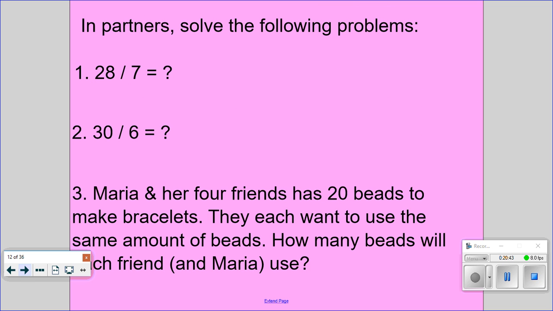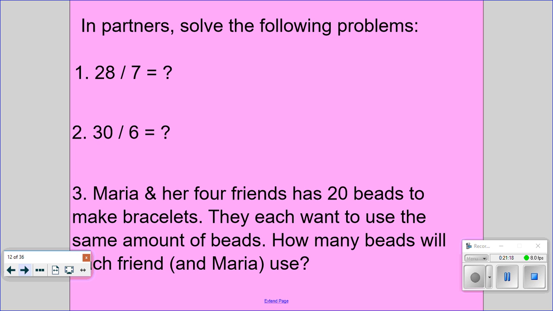Alright, we're going to keep going. I'm going to put you in partners. Turn to the next blank page in your notebook. I want you to write a number 1 at the top of your notebook and write that equation. It says 28 divided by 7 equals 5. Yep, number 1. 28 divided by 7 equals 5.